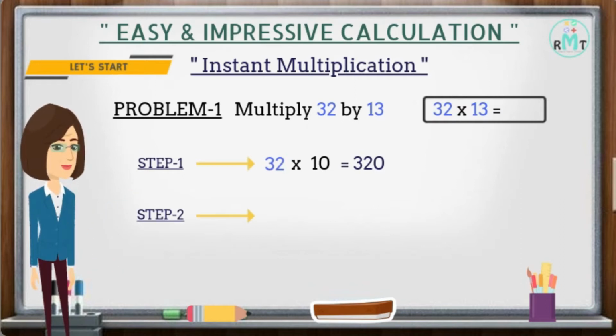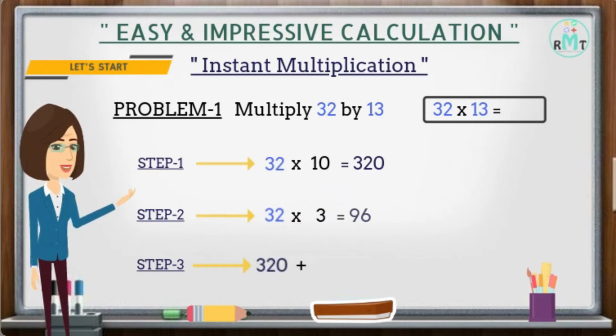Step 2. Next we will multiply the number 32 by 3 and we get 96. Step 3. Now we will add the answer obtained in step 1 and step 2. So we get 416 as the final answer.